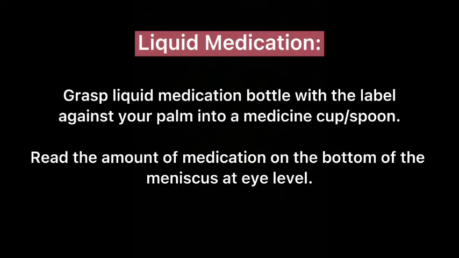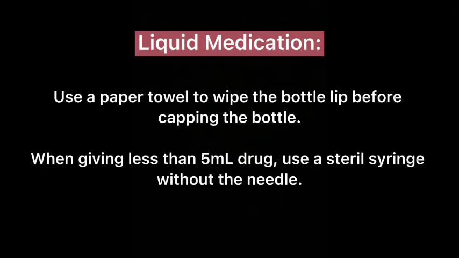Read the amount of medication at the bottom of the meniscus, or the crescent-shaped upper surface of a column of liquid, at eye level to ensure accuracy of measurement. Use a paper towel to wipe the bottle lid before capping the bottle to prevent contamination of the contents of the bottle and to prevent the bottle cap from sticking.